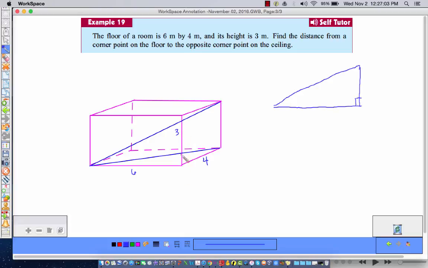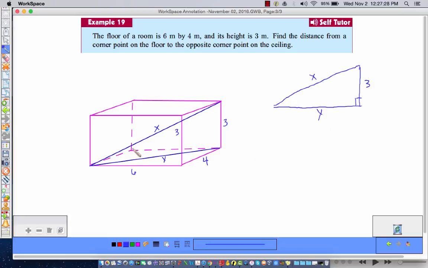And since the height is 3, I know that this is 3. And I'm looking for this, which is x. I'll put the x right here. And I'm going to call this part y, this length right here. Well, if I knew y, I would be easily able to solve for x using the Pythagorean theorem.